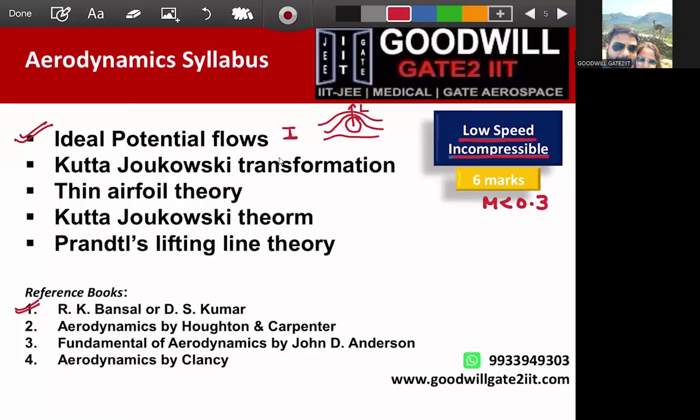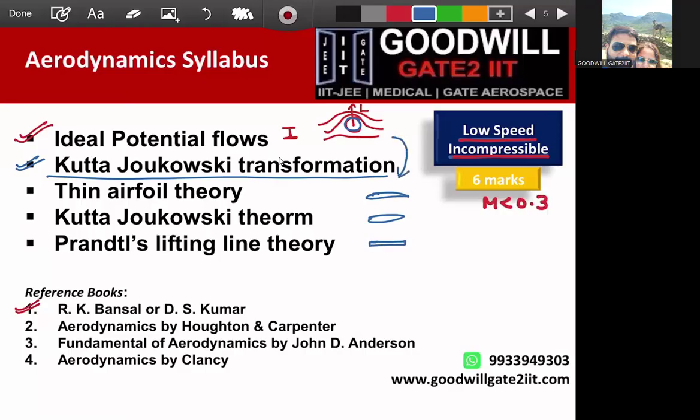Then, once you understood and have all the understanding about stream function, potential functions, what you will do is you will go to Kutta-Joukowski transformation, and this transformation will convert this cylinder into different kinds of airfoil. So you will have cambered airfoil, you will have symmetric airfoil, you will have flat plate airfoil. So all these cylinders will be transformed.